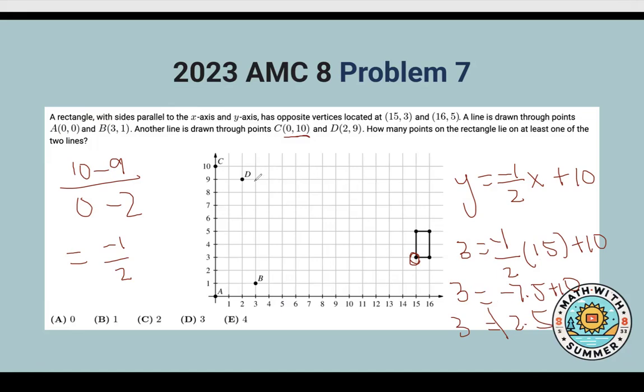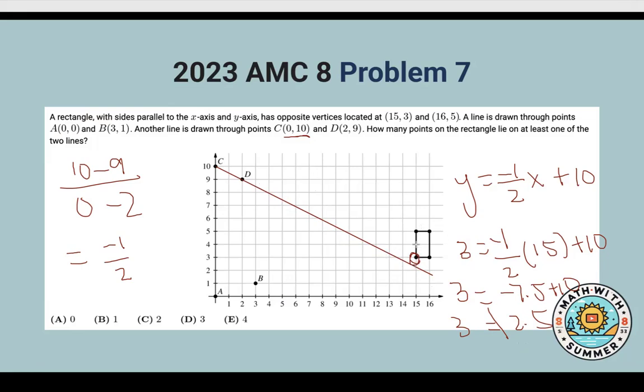So we know that this doesn't actually go through this point, but let's see where it actually hits on the 15 line instead. Plugging in 15, this equation is equal to 2.5, which is below this point here. It doesn't hit at 3, it hits at 2.5, which is below this bottom corner.